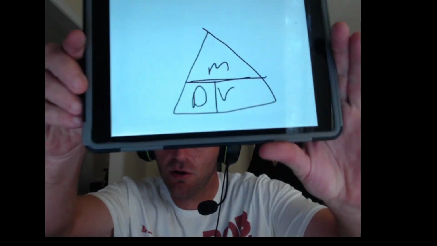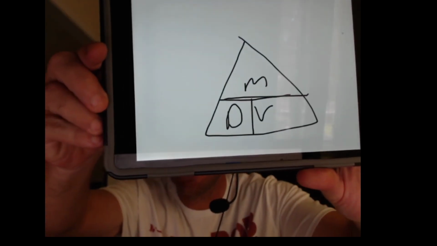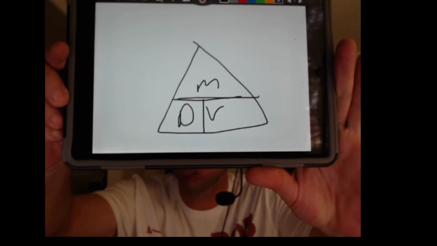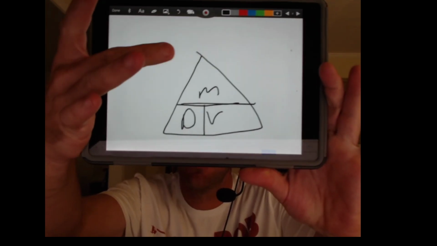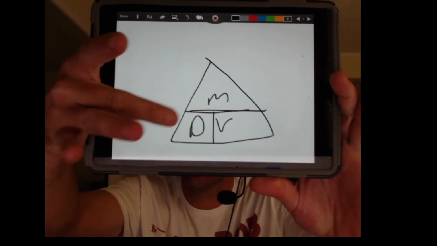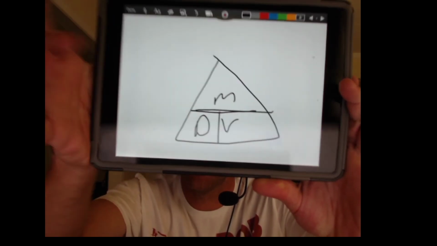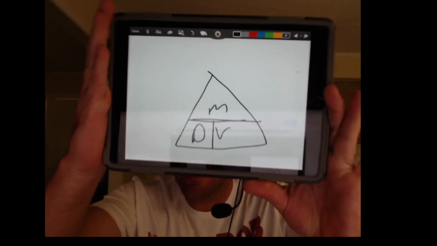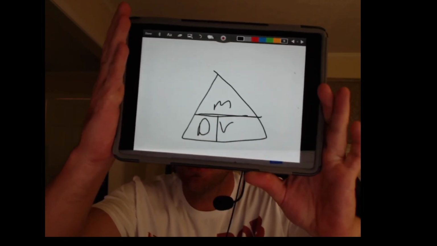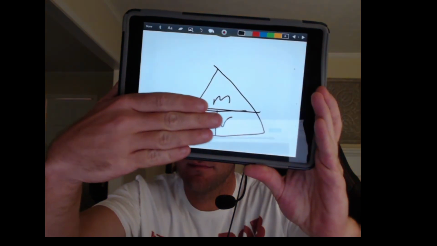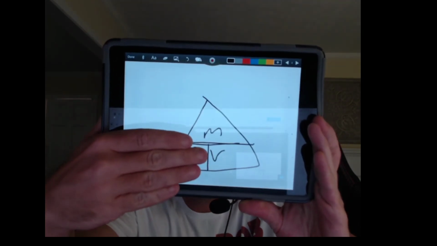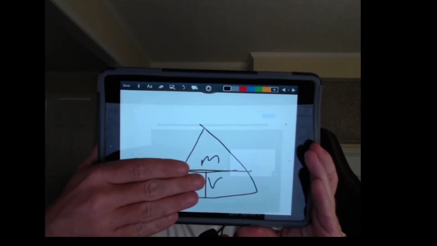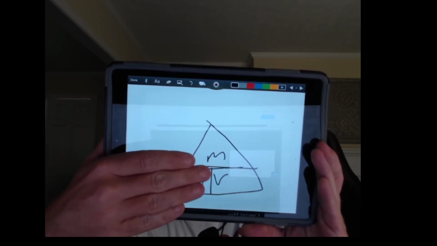Now, when you get a problem for density, it's going to ask you to solve for one of these variables: either the mass, the density, or the volume. Whichever one it asks you for, you need to cover up with your hand. Say it asks me for the density. I'm going to cover up density, and then to solve that, I'm going to do mass over volume.